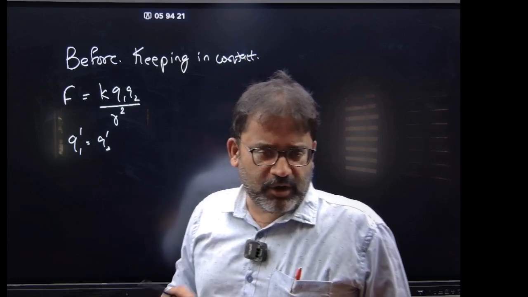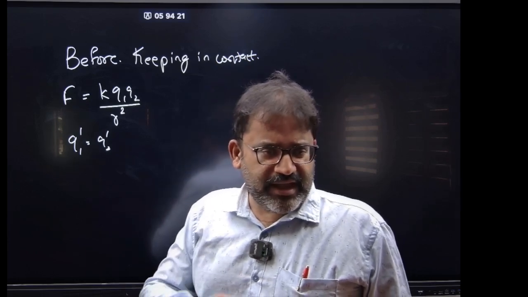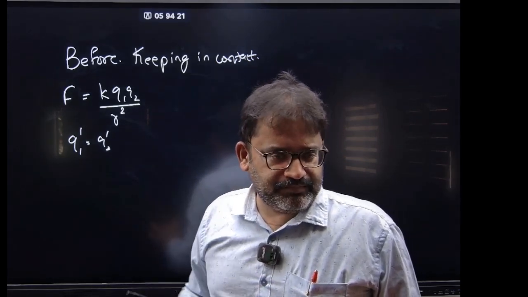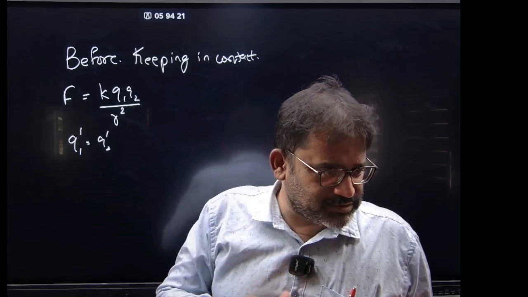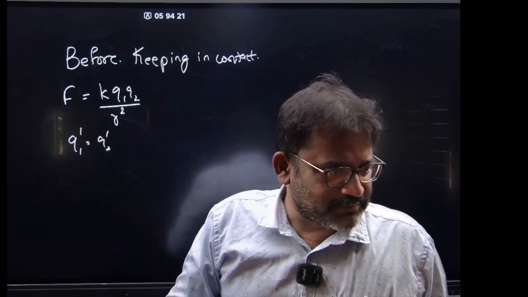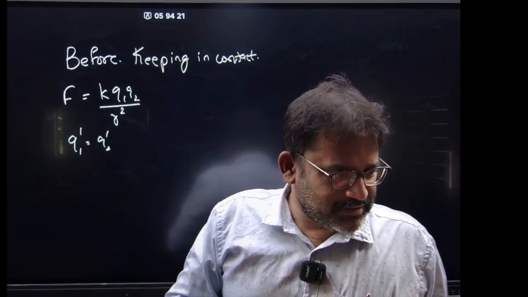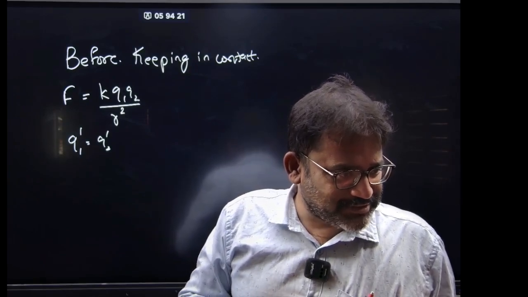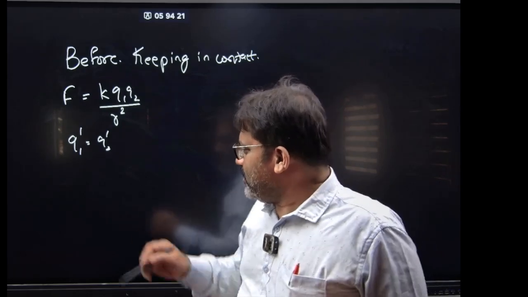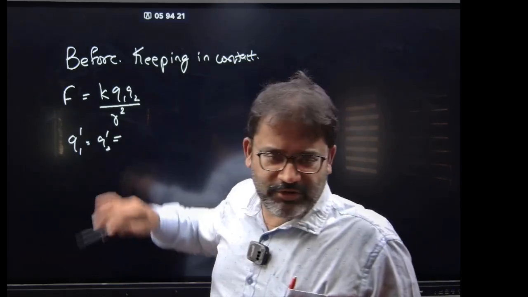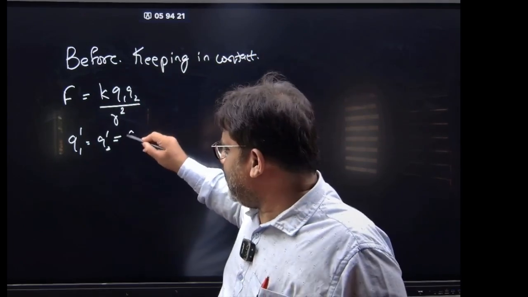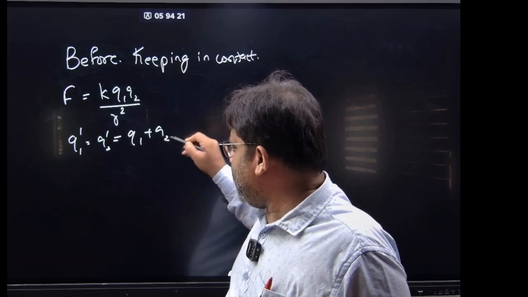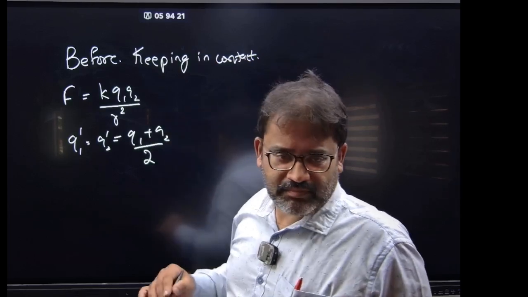Why? Because both the charges will be distributed equally. So that is equal to, now how do you say it is distributed equally? We can say that is nothing but Q1 plus Q2 divided by 2, correct?